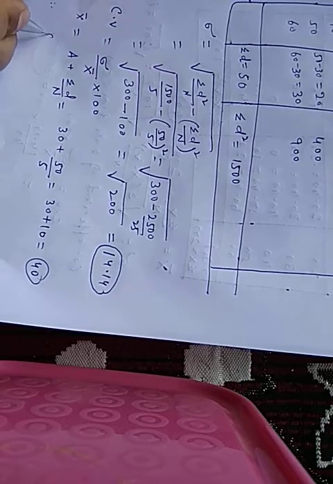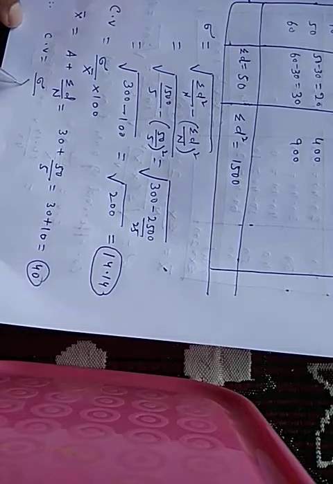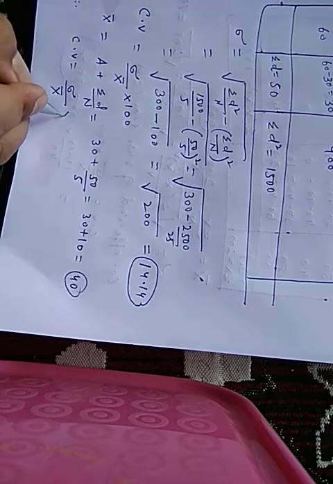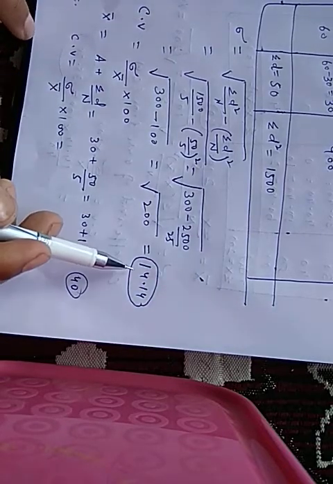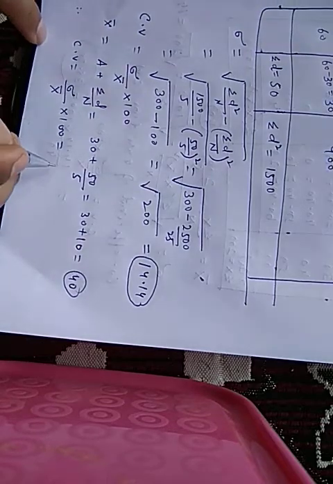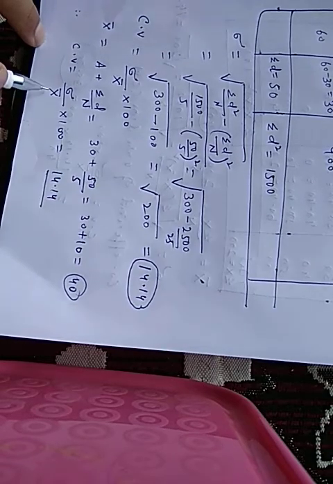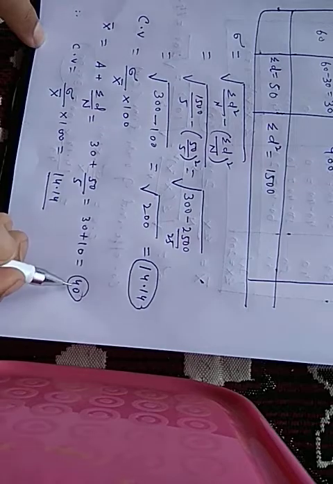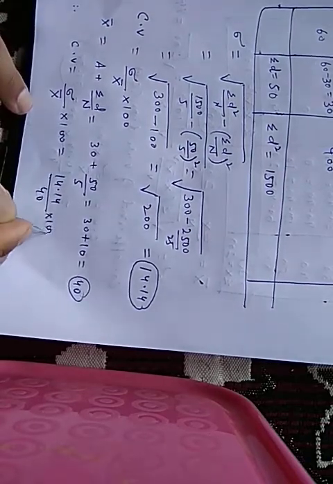Therefore, coefficient of variation will be equal to the value of standard deviation divided by the value of arithmetic mean x bar multiplied by 100. It will be equal to the standard deviation, 14.14, divided by the arithmetic mean, 40, multiplied by 100.